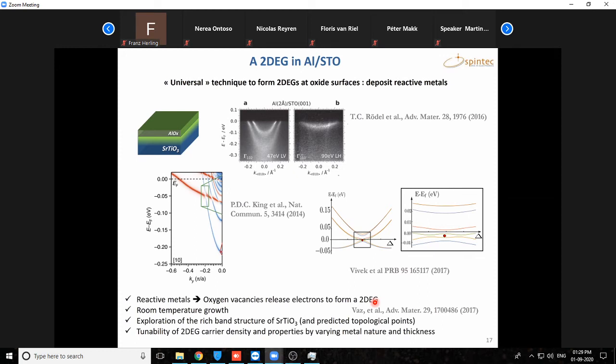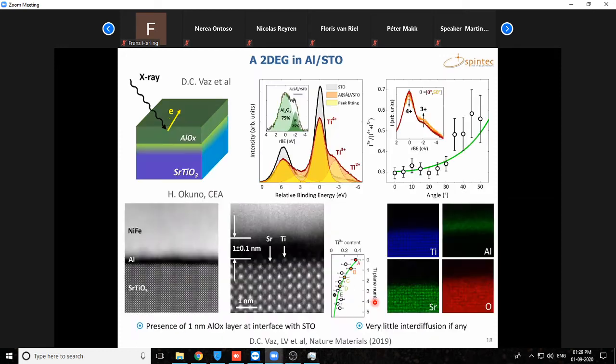This is evidenced by this XPS experiment, where you see that when you deposit aluminum on top of STO, the aluminum will oxidize. Whereas on the other hand, the titanium is reduced, going from 4 plus for the bare STO sample to a situation where you have titanium 3 plus and 2 plus.